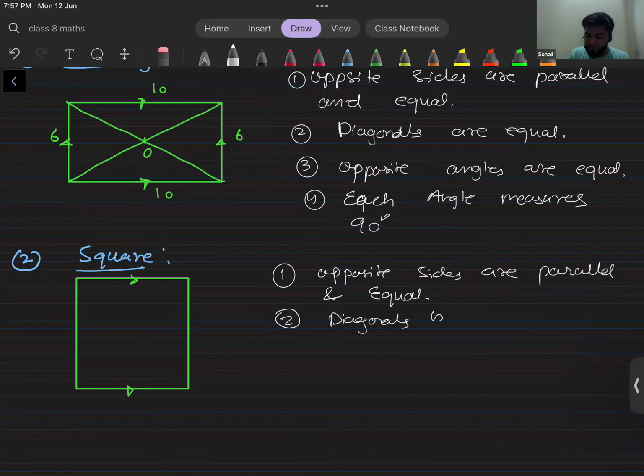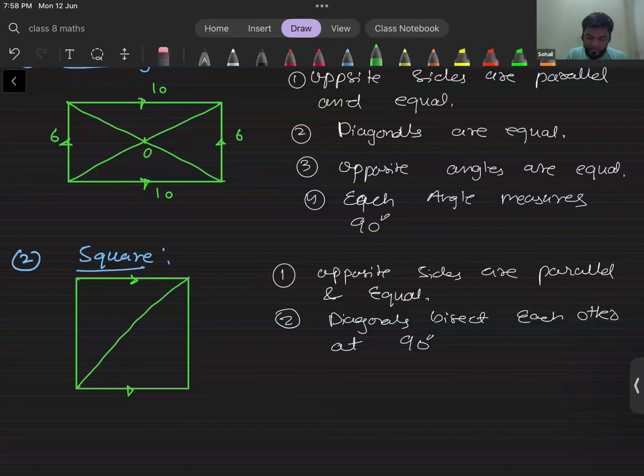Diagonals bisect each other at 90 degree here. Now that is the interesting thing about this square. See, these are your diagonals here. They are going to bisect each other at 90 degree. All right, guys.